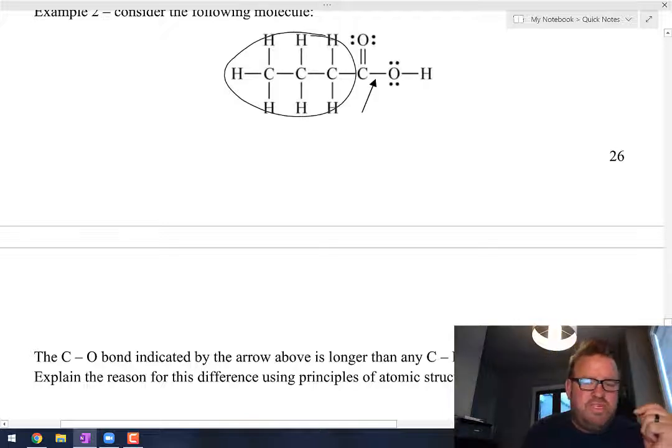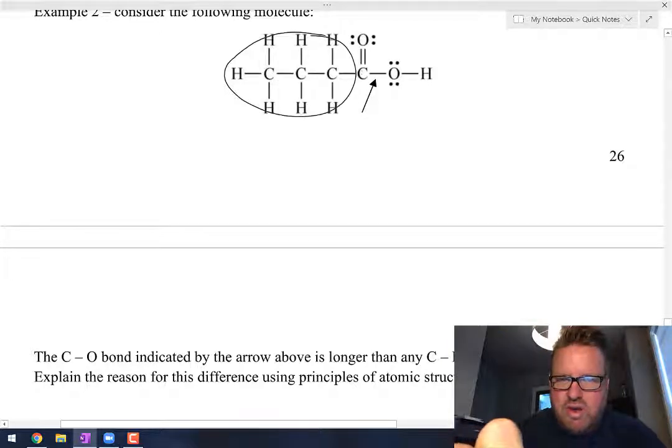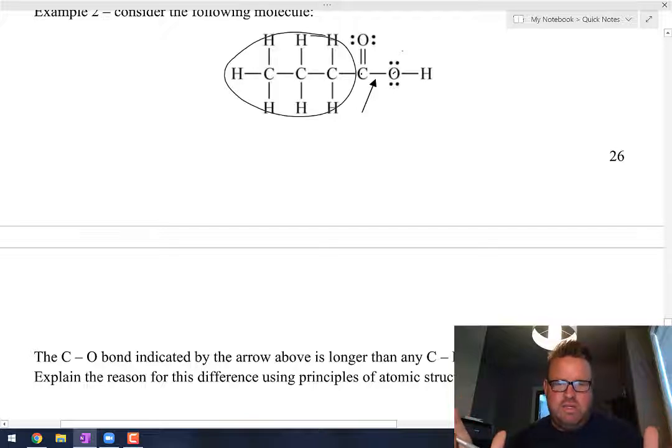Explain the reason for this difference using principles of atomic structure. The bond length is just the distance between the center of the carbon atom and the center of the oxygen atom. That's all the bond length is.